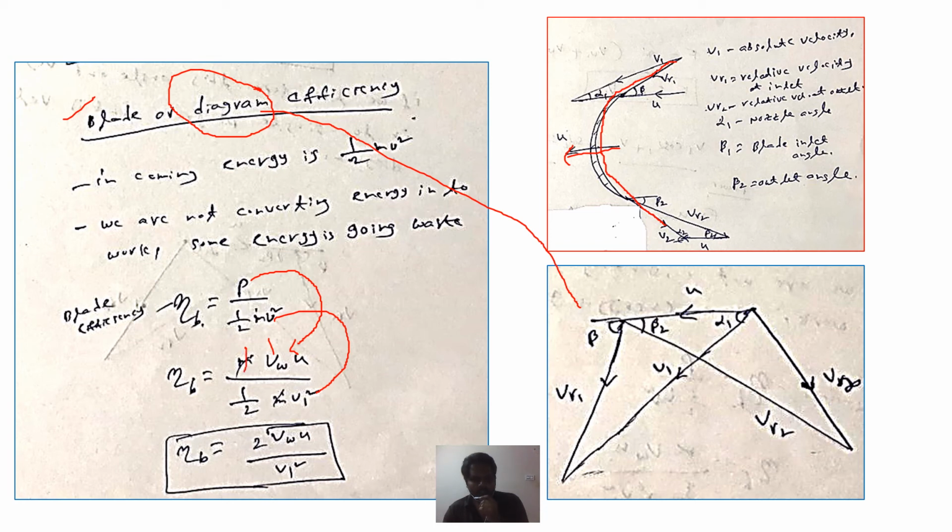Okay, here m got cancelled. The remaining is blade efficiency equals 2 into Vw u divided by V1 square. Which means here Vw is the whirl velocity, u is the blade velocity, V1 square is the absolute velocity at inlet. Okay, from this equation we can find the blade or diagram efficiency.